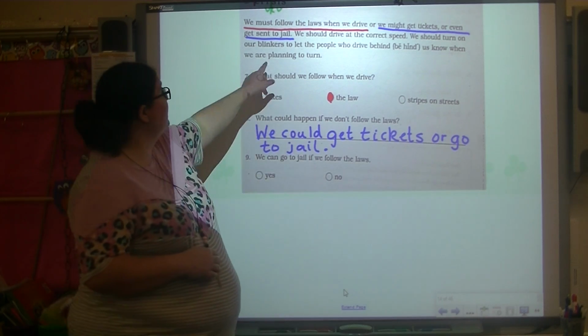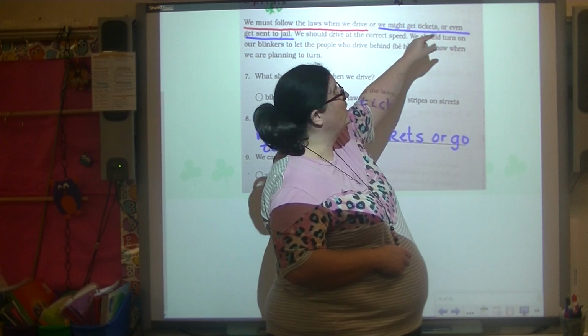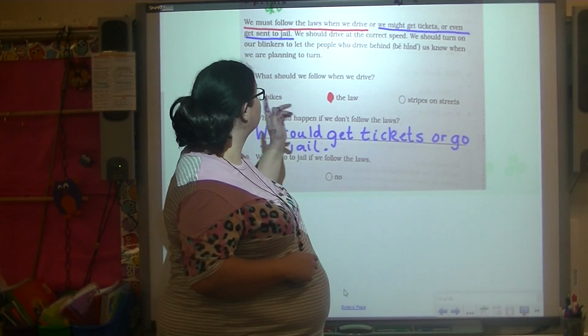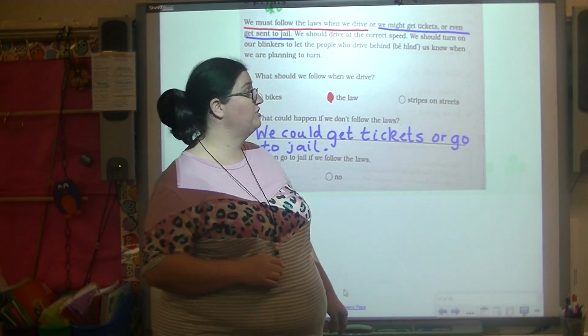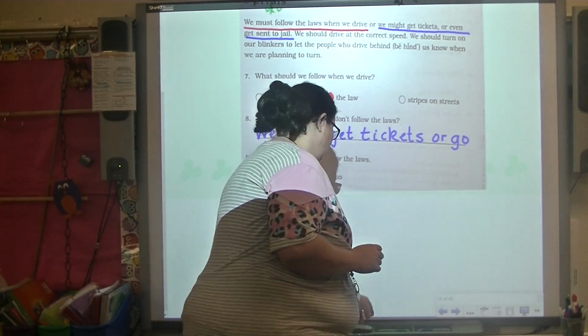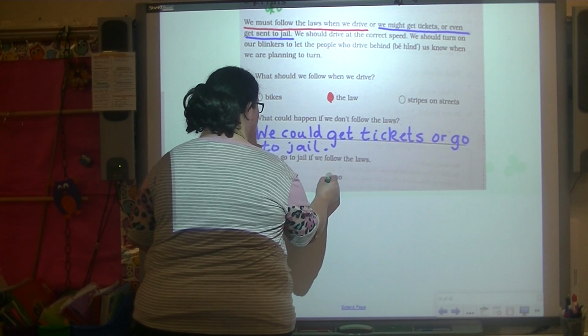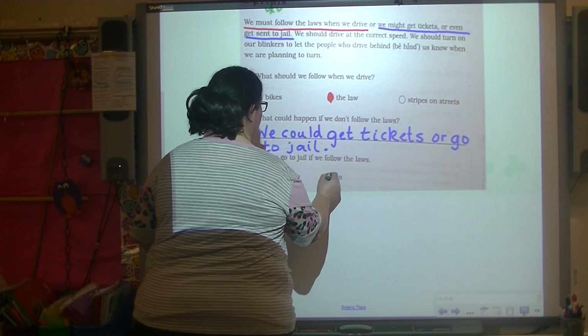No. What does it tell us? If we don't, we might get tickets or go to jail. So are we going to go to jail if we follow the law? No. So we're doing a little inferring there. No, only people who don't follow the law.